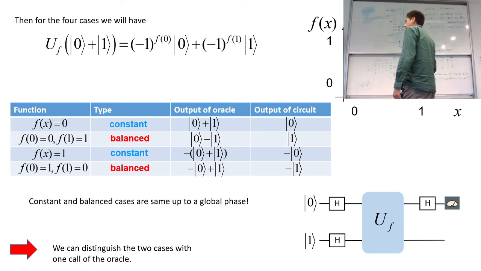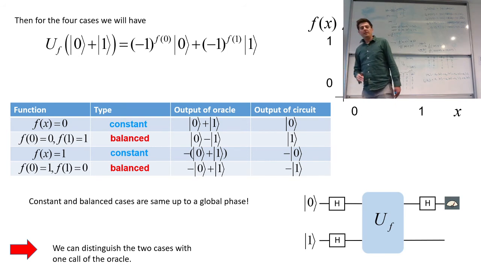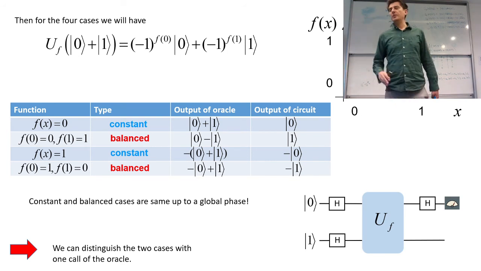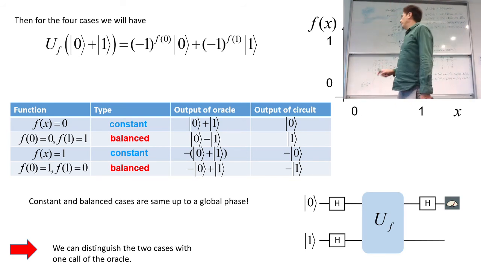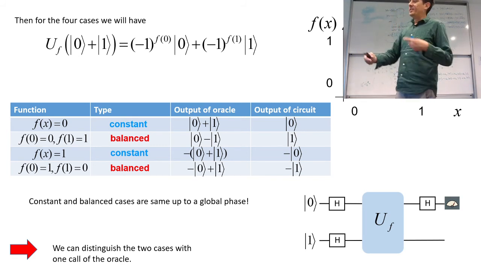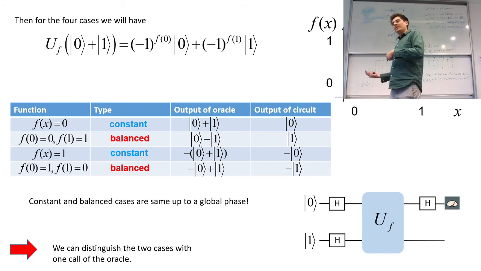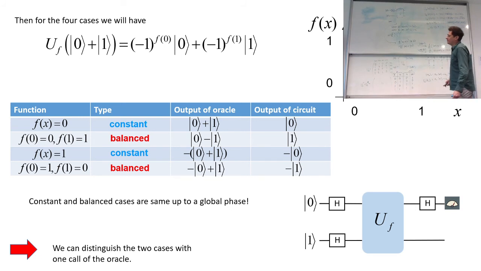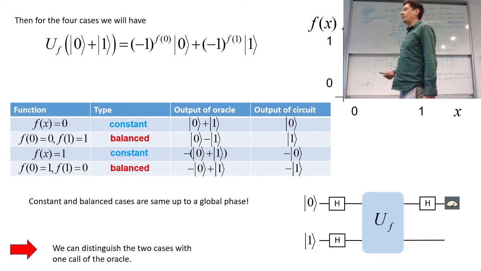In fact, probably what Deutsch did, which I don't know, is that he noticed this fact, engineered the problem so that it would solve it, and then went, hey, look, this solves that problem, right? So sometimes you have to be very creative in what you do.